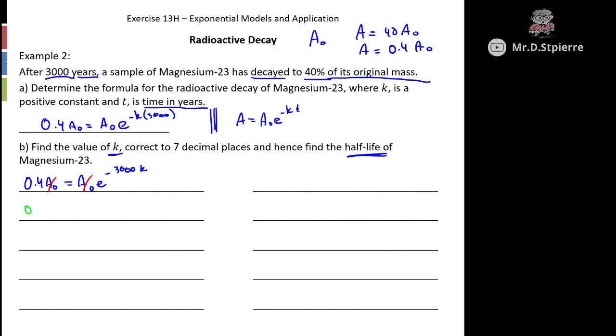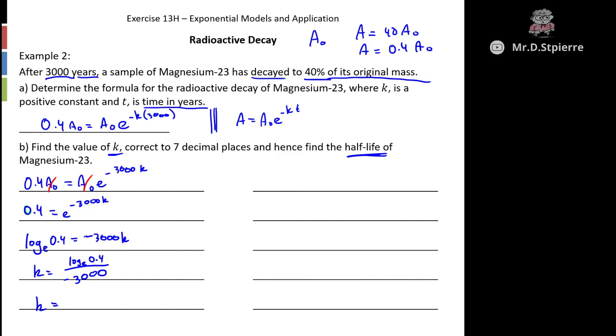So we get 0.4 is equal to e to the negative 3,000 K. Using our log to exponential equivalence and conversion, we could say that that is log base e of 0.4 is equal to negative 3,000 K, and we get K is equal to log to the base e of 0.4 on negative 3,000. So what's K going to be equal to?